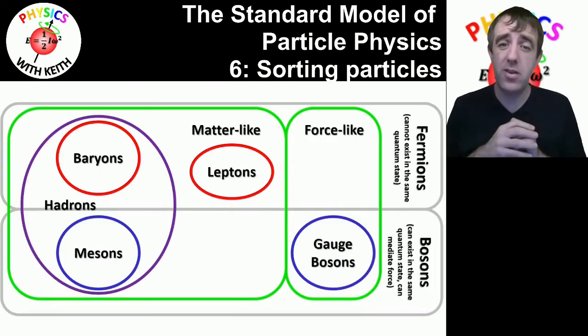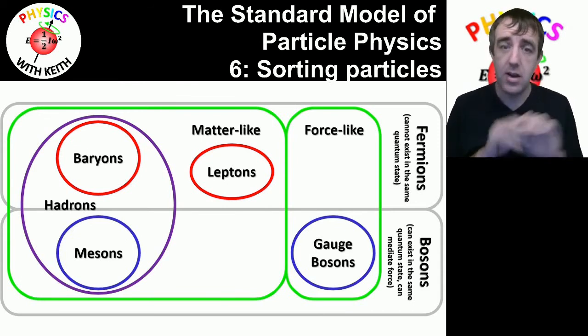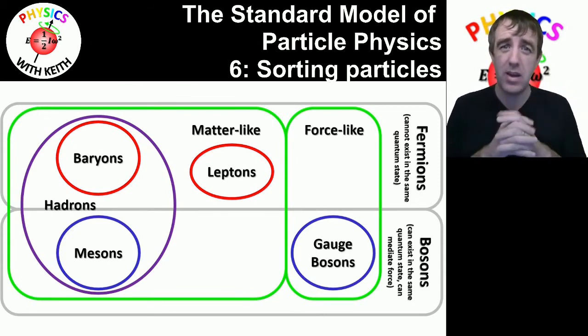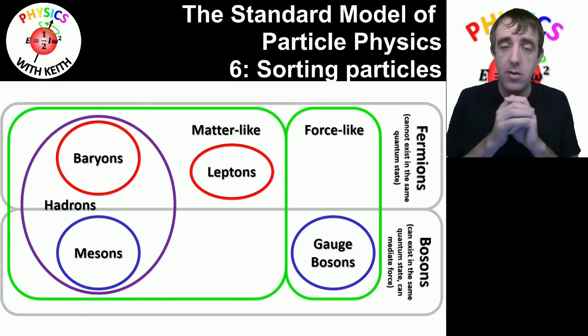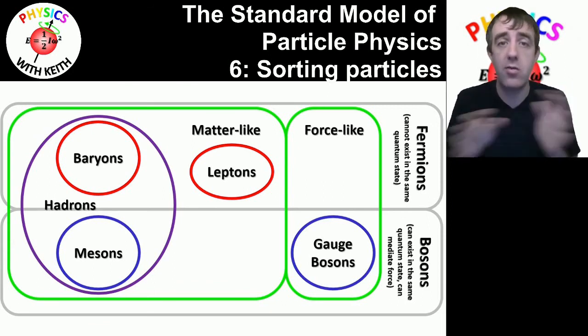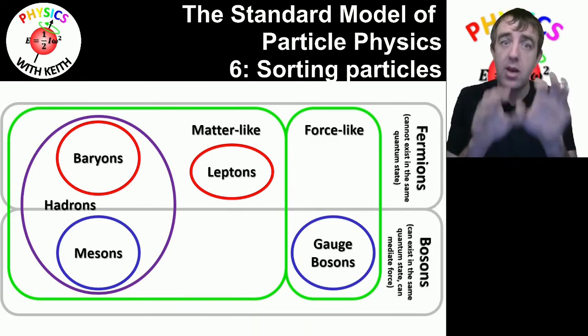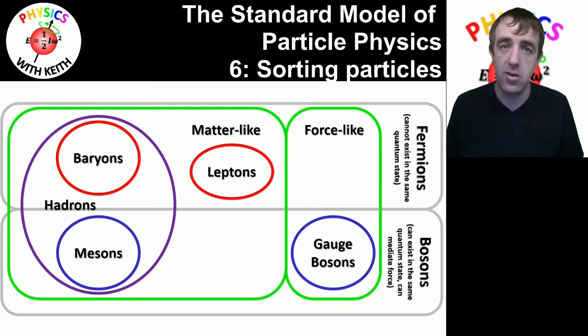Now, trying to put more than 100 particles into a table like this and sorting them out by their properties, it works, but it's a bit complicated. And it required the genius of Gell-Mann to figure out a way of breaking down that particle zoo of hundreds, maybe thousands of particles, down into very few particles and rules, simple rules for how those particles can interact. And that's what we're going to look at in the next video.